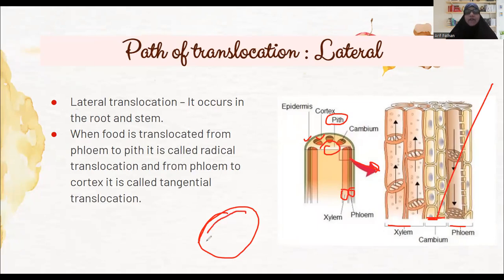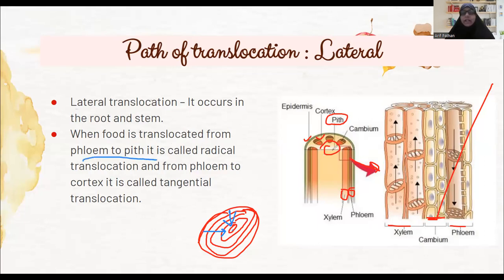So you have one layer of cells, then another tissue, then another tissue, and another tissue, and the movement is like this. Okay, let's say here is the phloem and here is the central part. So the food will transport from this direction to this direction. So let's say from the phloem to the pith.